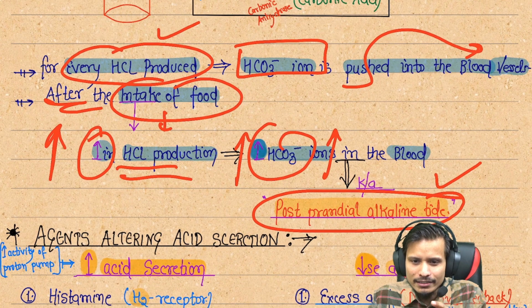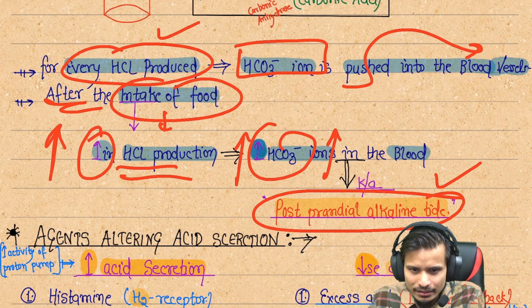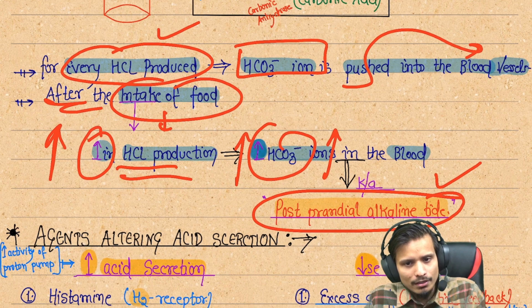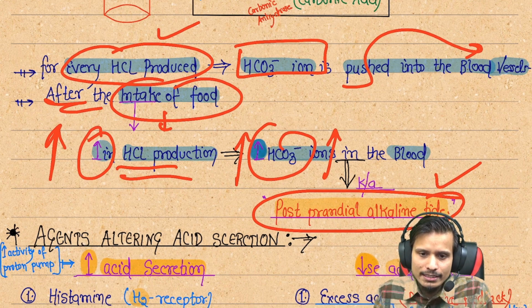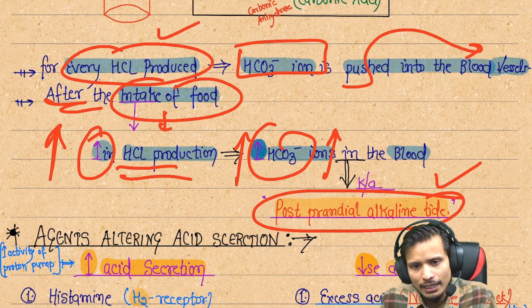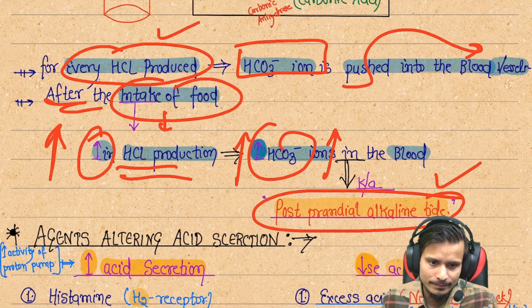Bicarbonate is alkaline in nature, and it enters our blood vessels and increases the alkaline nature of the blood after taking food. That is called postprandial alkaline tide.